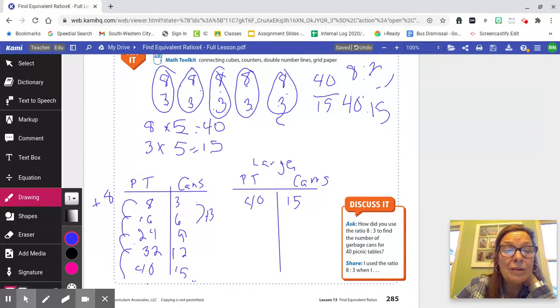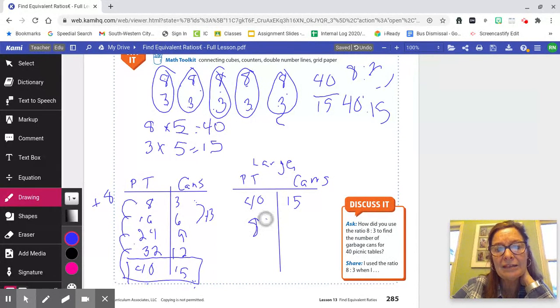Or multiplying by 2. When I went to the large campground, if I know 40 picnic tables gives me 15 garbage cans, then if I doubled that, with 80 picnic tables, I would have 30 trash cans.